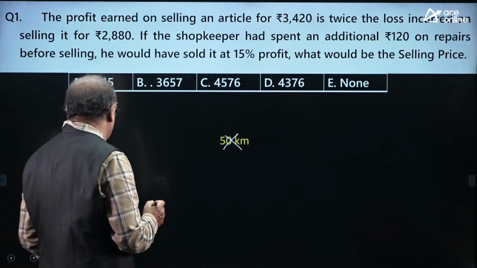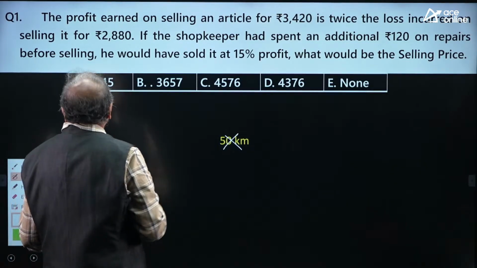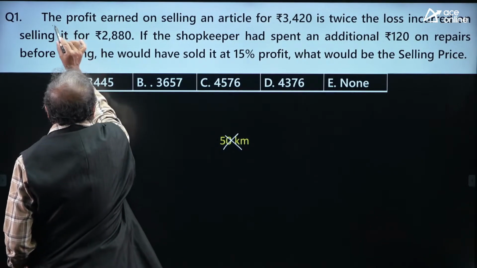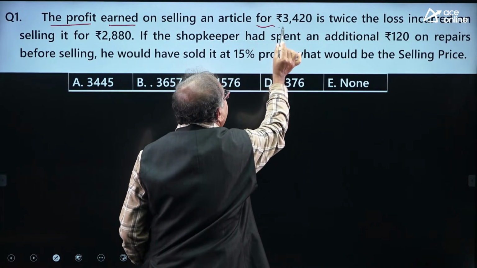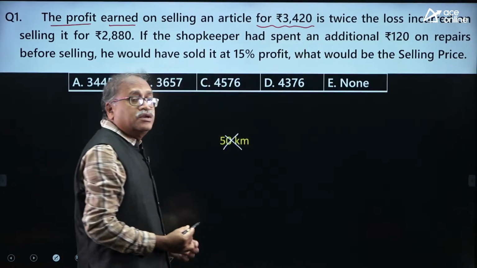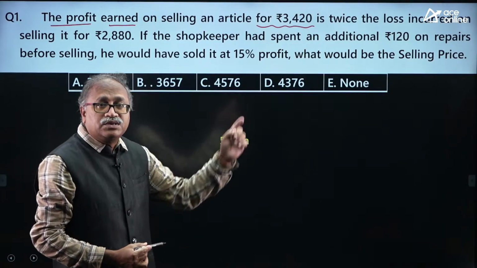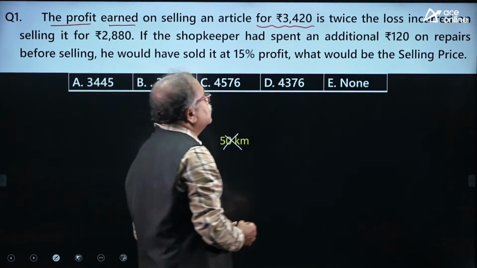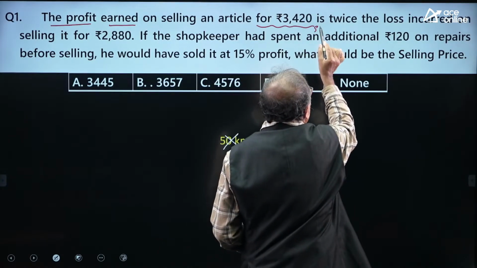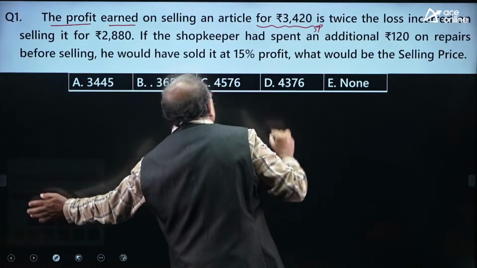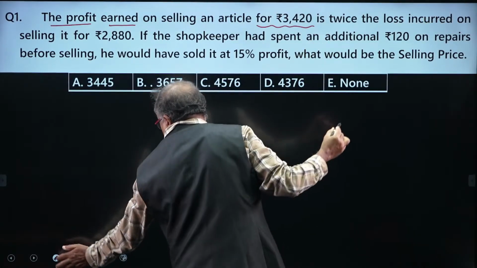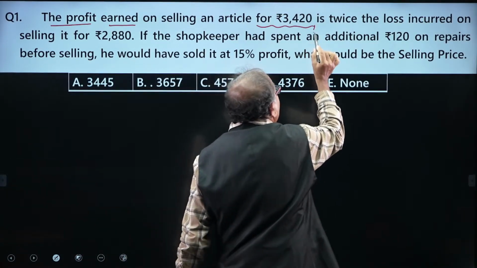think about the answer. So, the very first part: the profit earned by selling an article for rupees 3420. That means this is the selling price, this is profit.